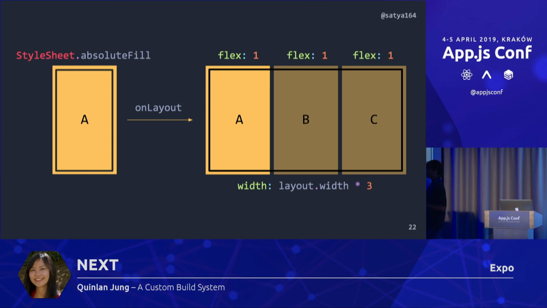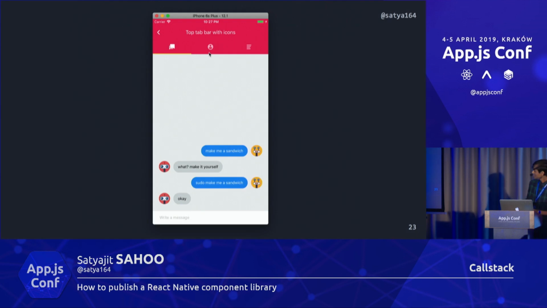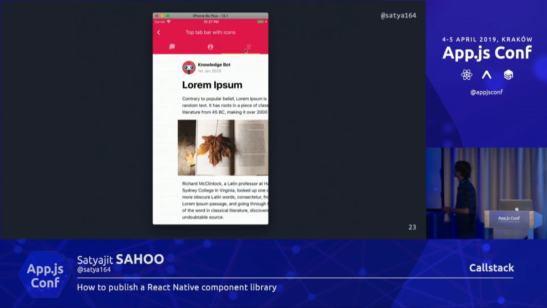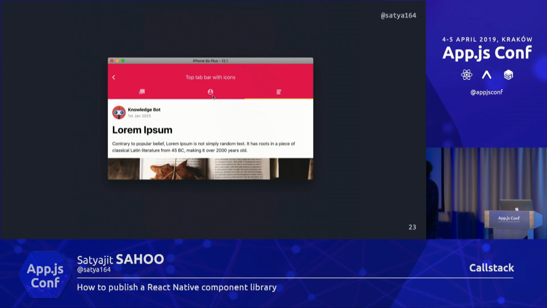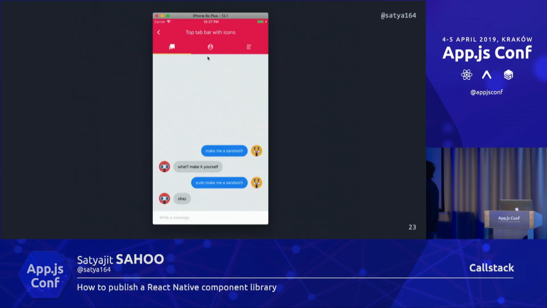Then when I have onLayout, I can now render 3 screens, each with the width of the screen. So it's a bit hacky, but it works. This is an example of how it looks. You can see it renders properly. It reacts to orientation changes and everything.